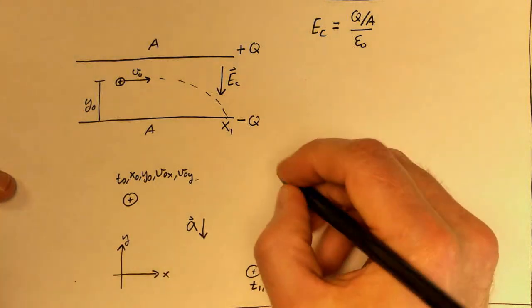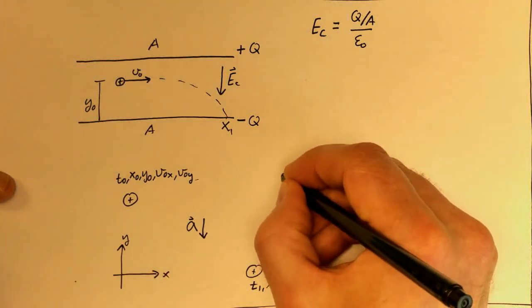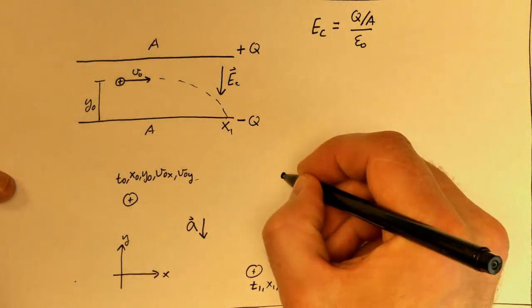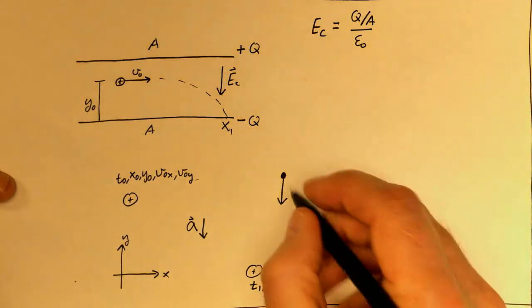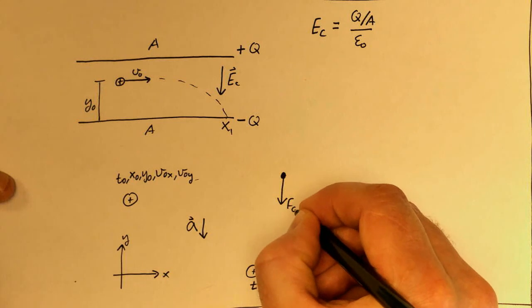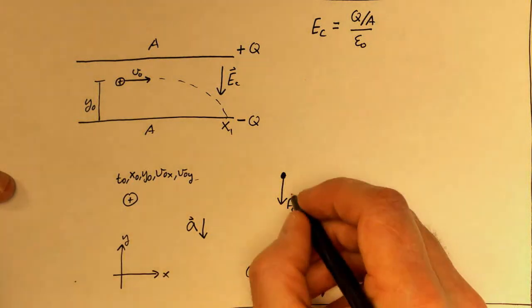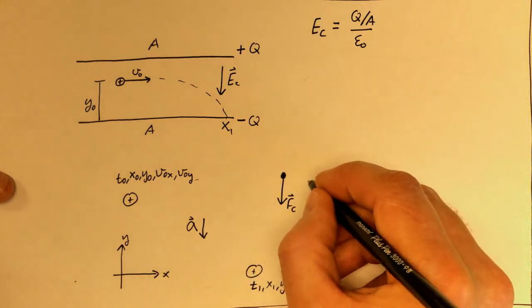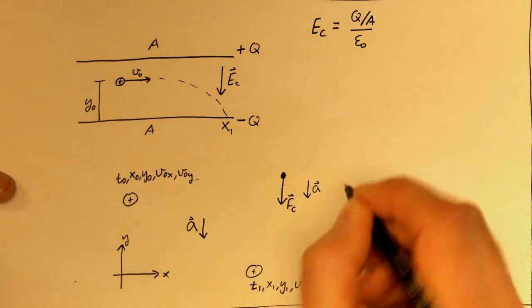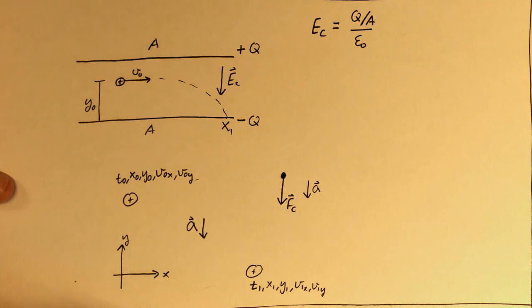I need to draw a free body diagram here. So here's a free body diagram where the force is downward. This is going to be F sub c, the Coulomb force. That's the only force, which means my acceleration is downward. So that's sufficient there.